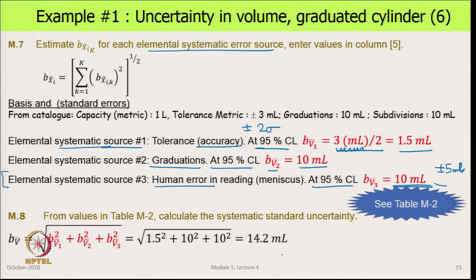So, our next step: we got all the values of the standard errors. So, the elemental systematic standard error has been obtained for all these three sources, which is why the use of the word tolerance or accuracy is also somewhat in doubt, because these are not statistically defined terms exactly.